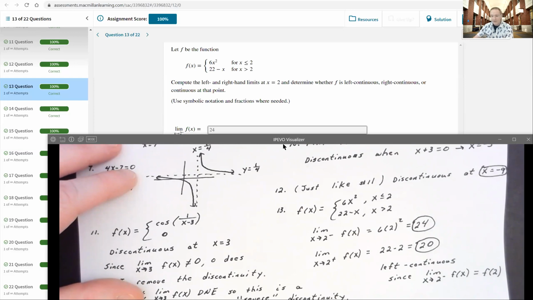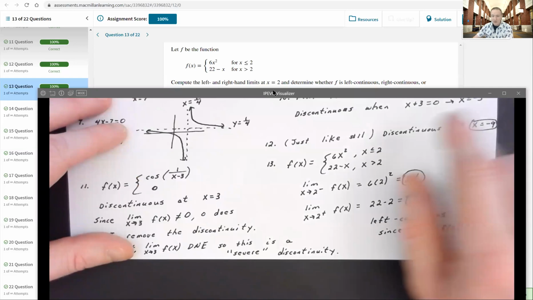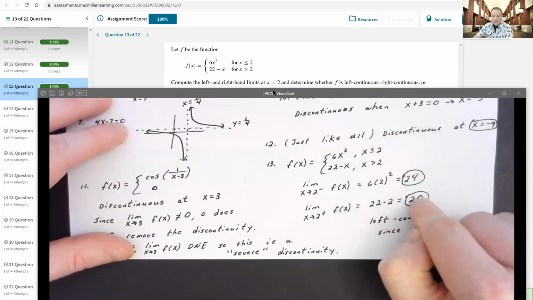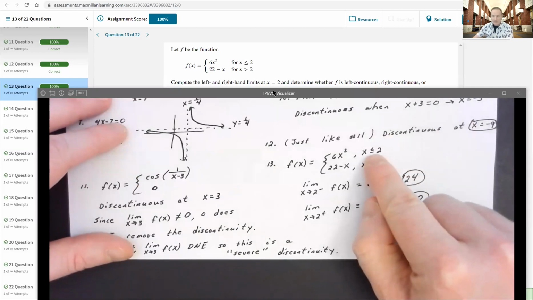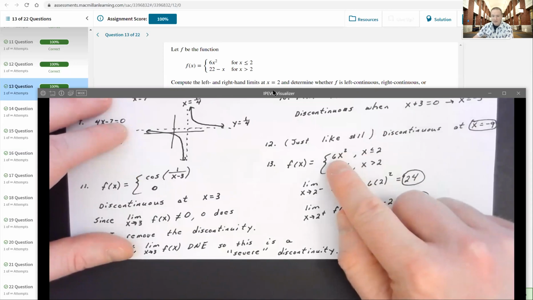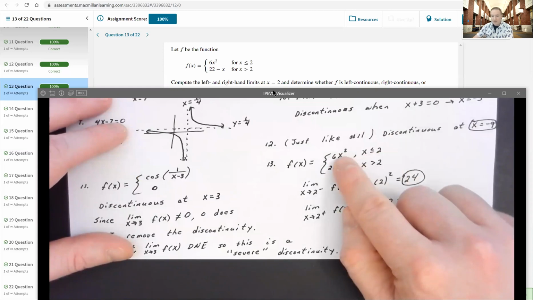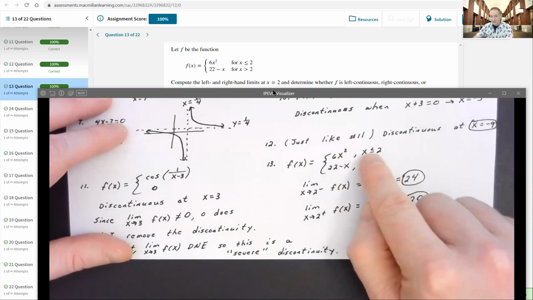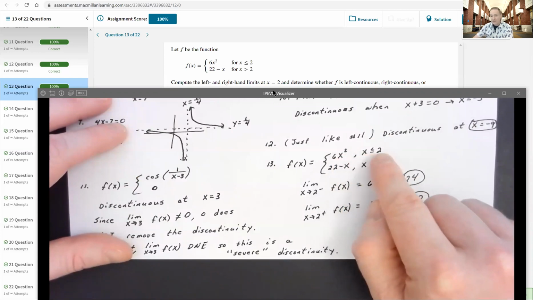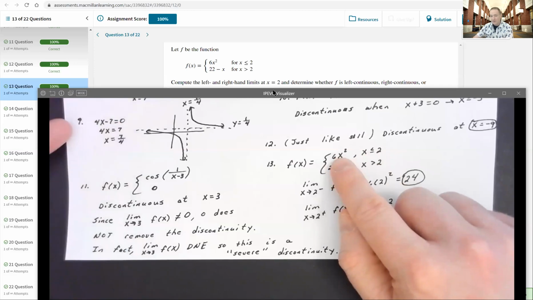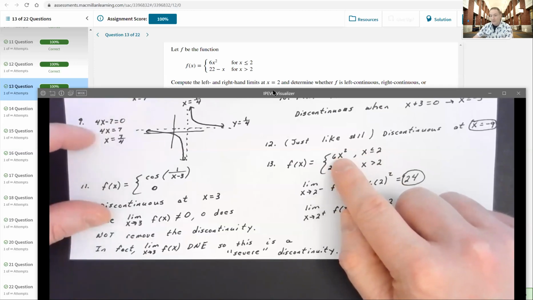And now it's saying, is this left or right continuous? You can tell that without even doing this, because up in your equation, the left-hand limit would be what happens when I plug 2 into the top equation. And f of 2, since x is defined to be 2 in this equation, is also in the top equation. So not only does the top equation give me the left-hand limit, but it gives me f of 2.